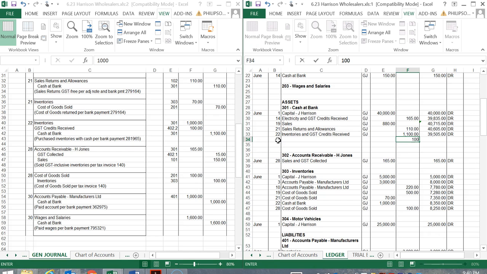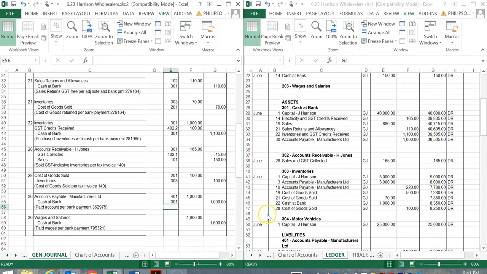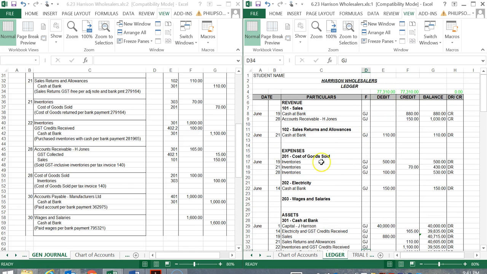Journal entry says $1,000 credit, so we're going to subtract that from our existing debit balance. Particulars, accounts payable, manufacturers, limited, folio. Oh, almost there, almost there. It's a pretty big one, this one. Okay, that's that done. Still in balance up here.